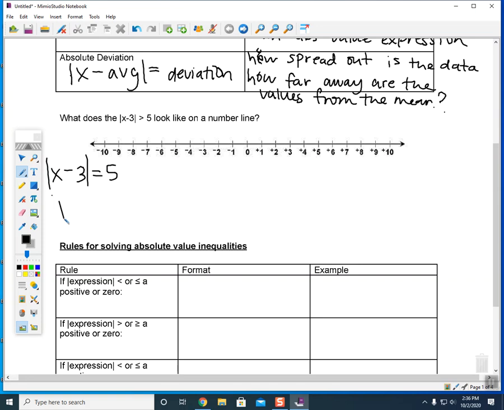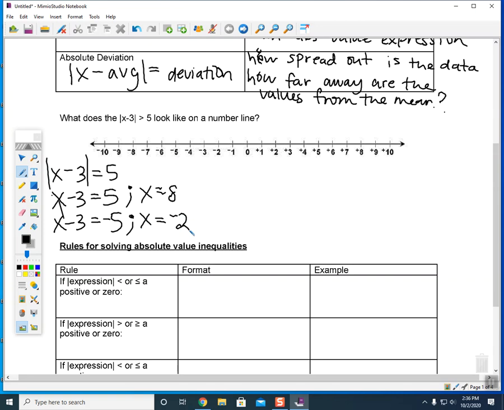So I have x minus 3 equals 5, or x minus 3 equals negative 5. Then I can just solve like I normally would. I add 3 to each side, which gives me x equals 8, and x equals negative 2. Okay, so those are my solutions.